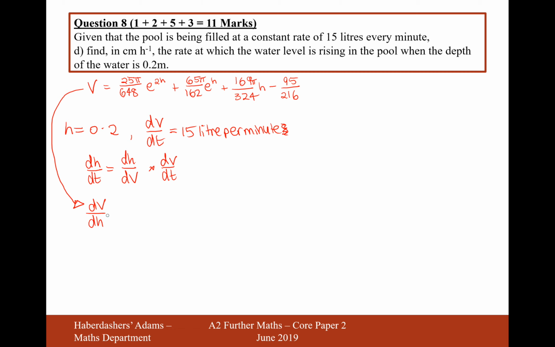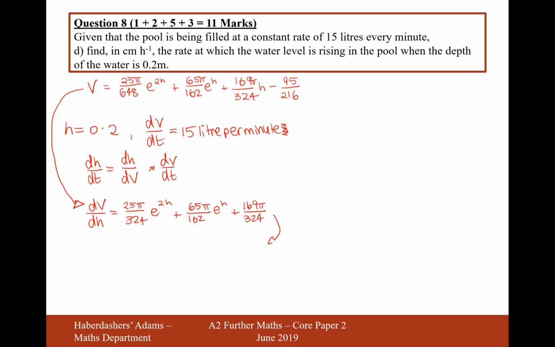So dV by dH is equal to 25 pi over, then we move the 2 to the front, so 648 divided by 2 is 324, so 324 e to the 2h, plus 65 pi over 162 e to the h. That just stays as it is because it's the self-differential. The next bit is going to differentiate to 169 pi over 324.